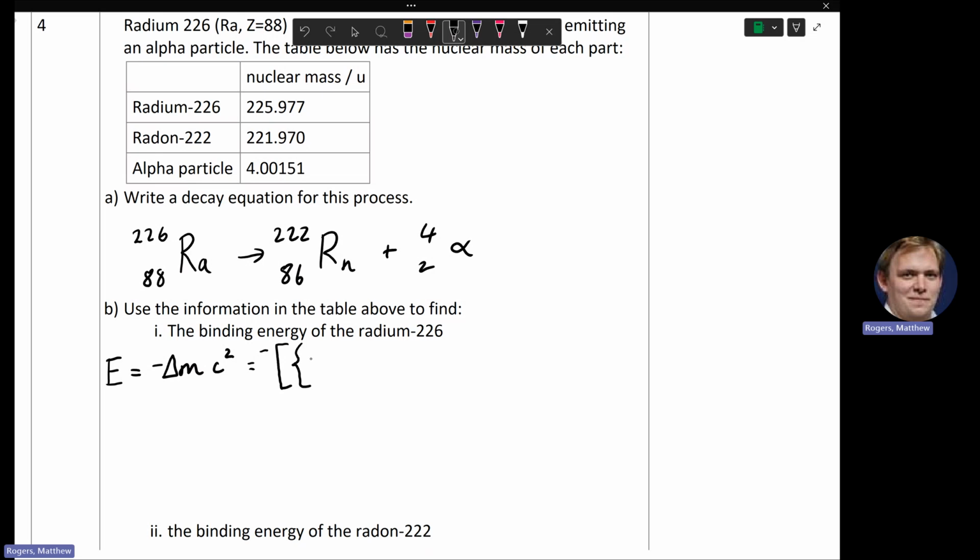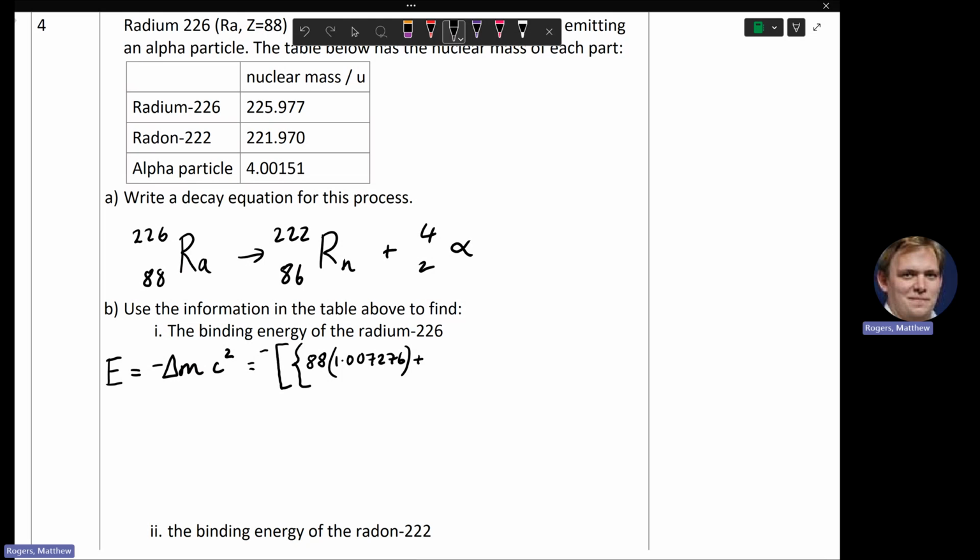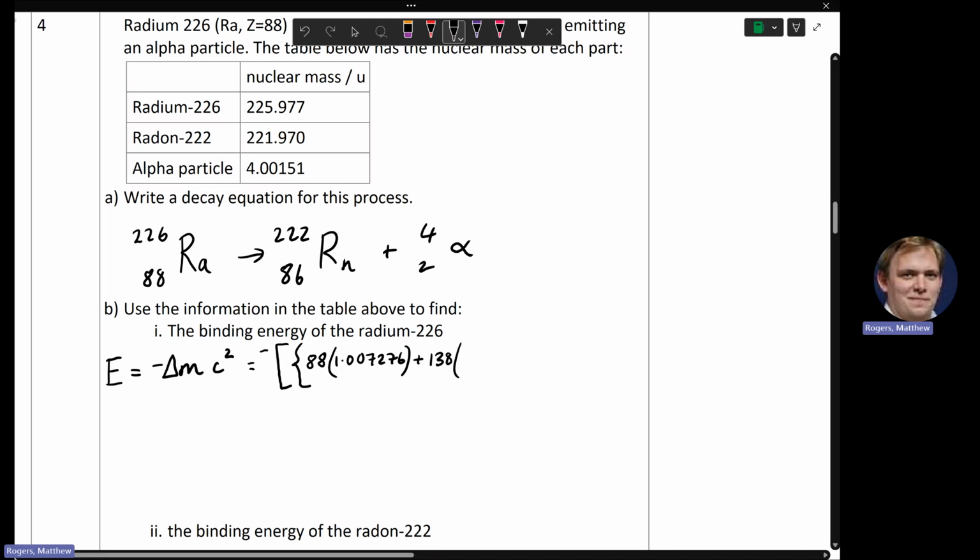So the radium-226 contains 88 protons. Protons have a mass of 1.007276 in U, plus 226 minus 88 neutrons, so that's 138 neutrons, 138 lots of 1.008664.